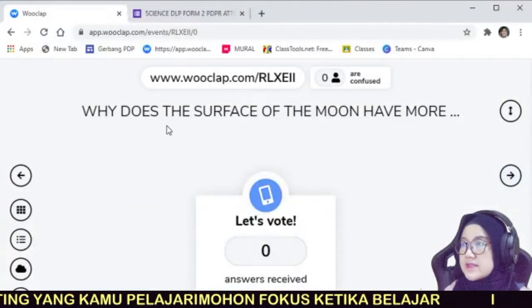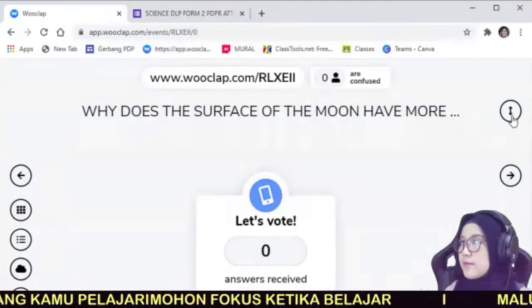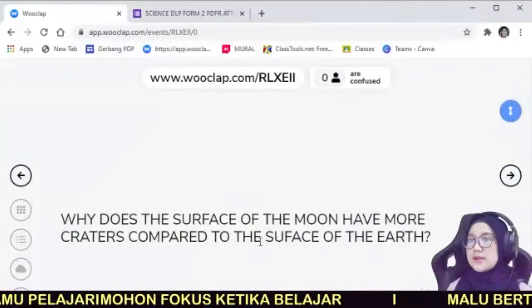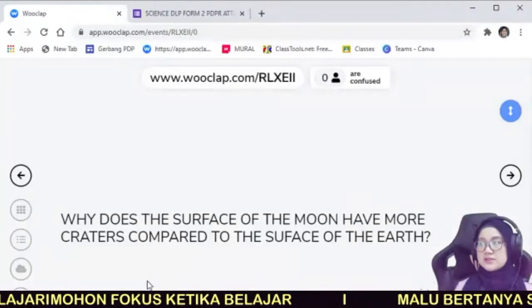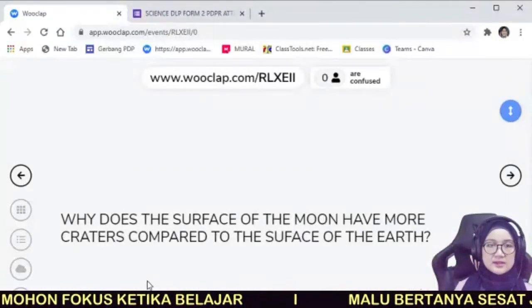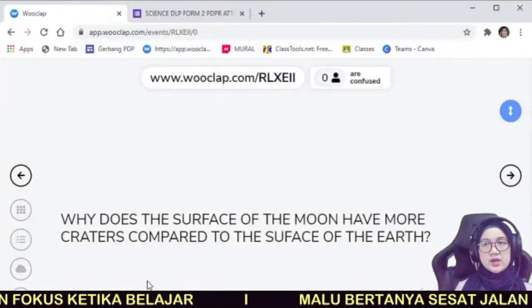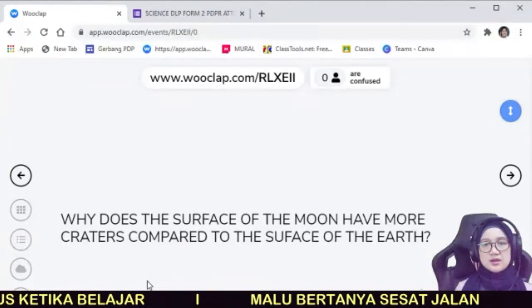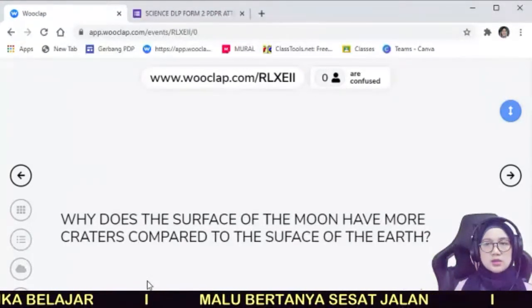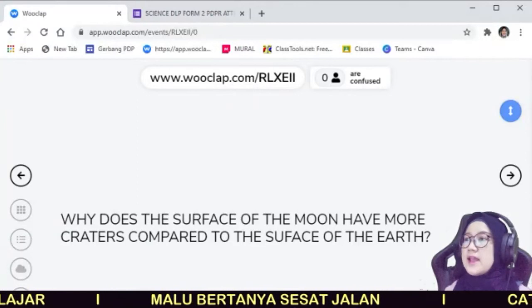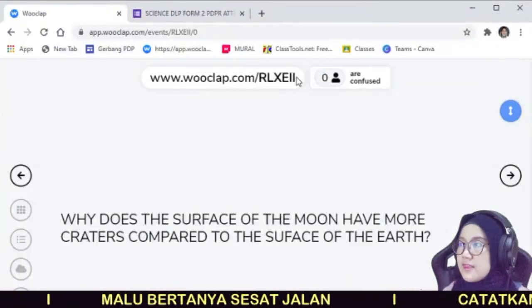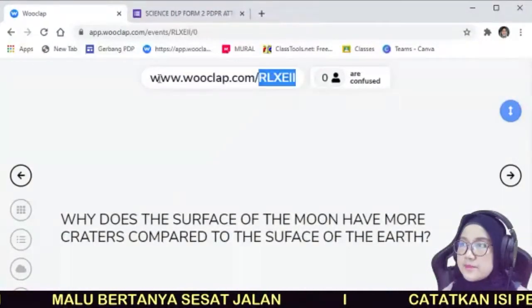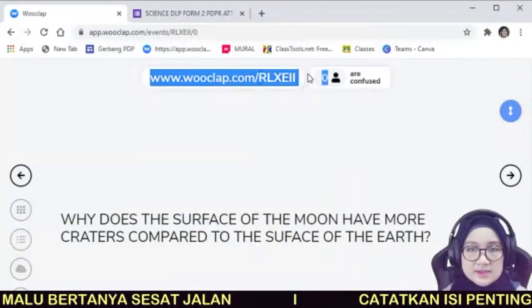So why does the surface of the moon have more craters compared to the surface of the Earth? Let's think of it. Do you know the answer, or do you want to predict some more? Let us give the response through this link.